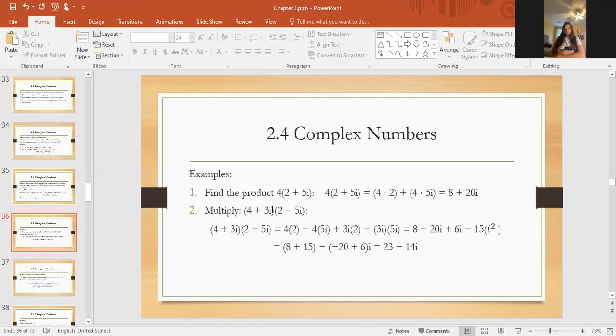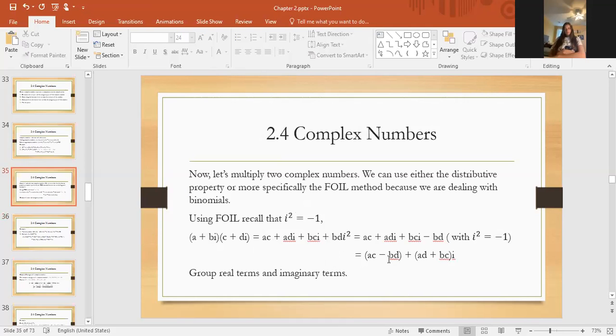A here is 4, B is 3, C is 2, D is minus 5. So we will have 8 plus 15. The 8 is 4 times 2, AC, and then you multiply BD. BD is 3 times minus 5, which is minus 15. Remember, we subtracted.